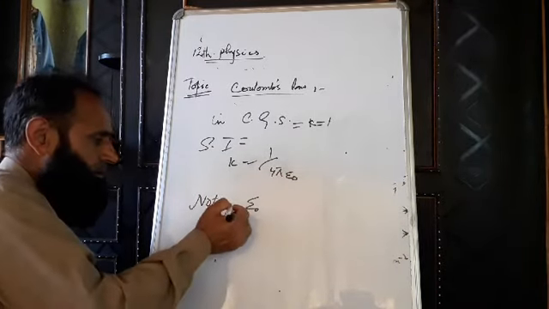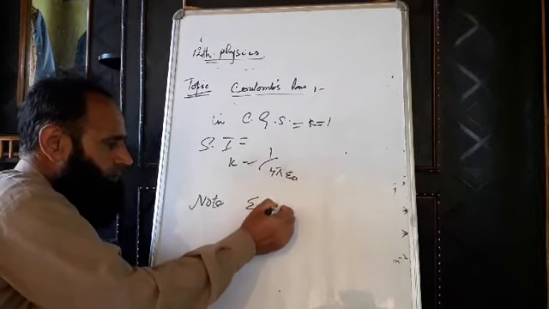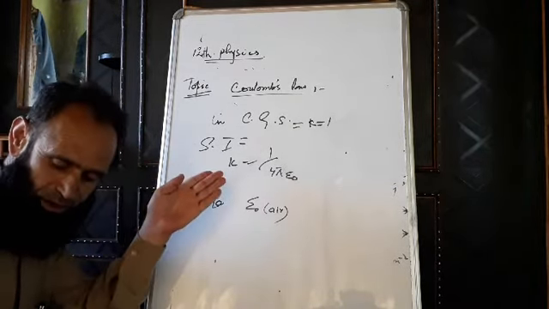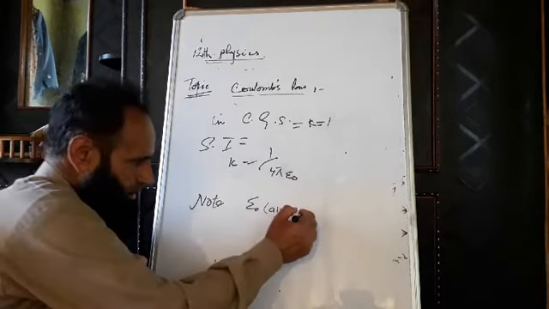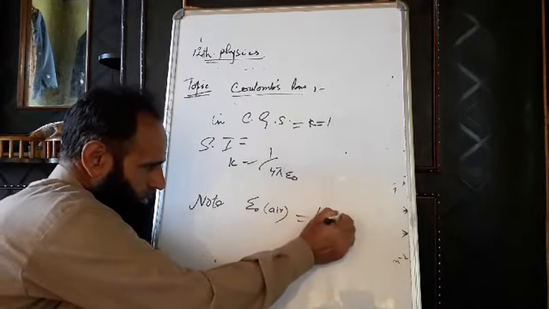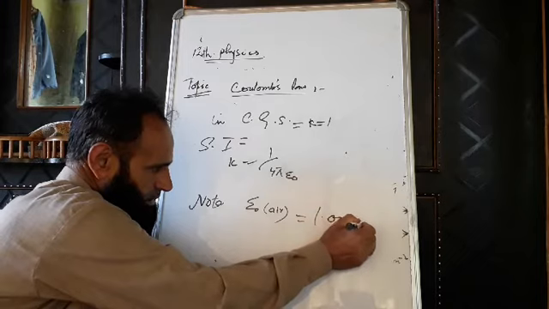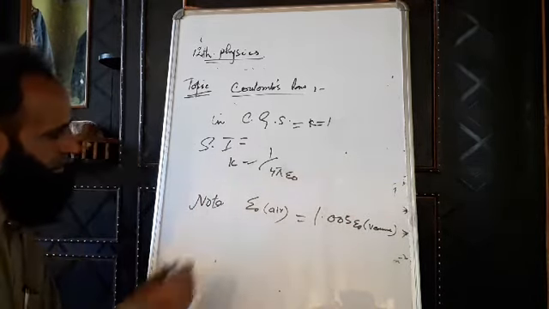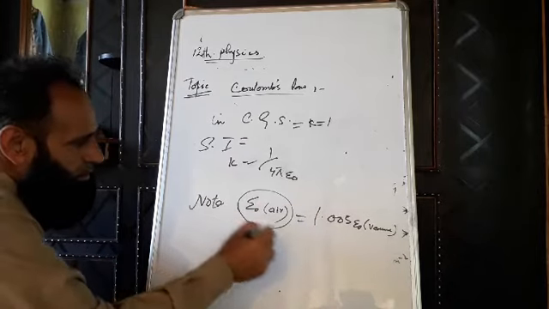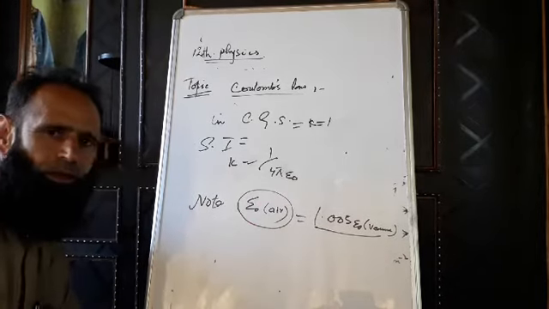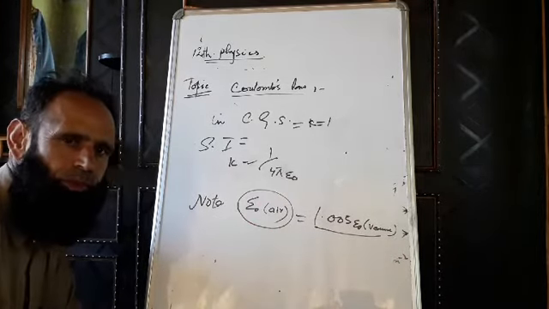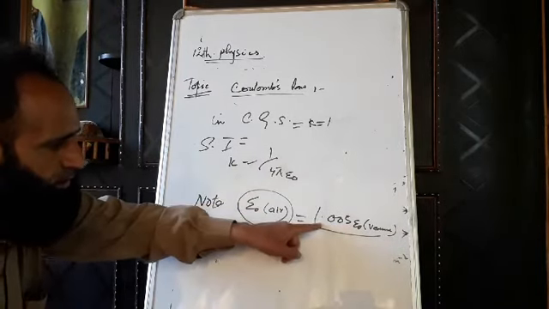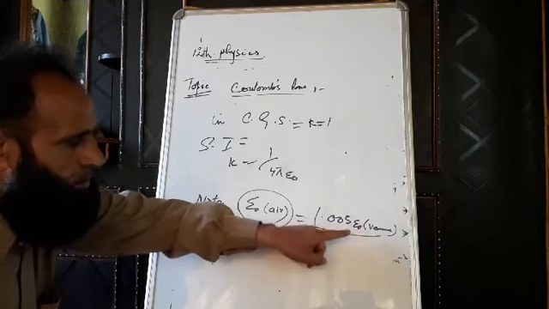Now the value of epsilon naught in air. That was vacuum; now it is in air. It is equal to 1.005 times epsilon naught in vacuum. That means in air the value of epsilon naught is more than that in vacuum. We multiply by the factor 1.005.